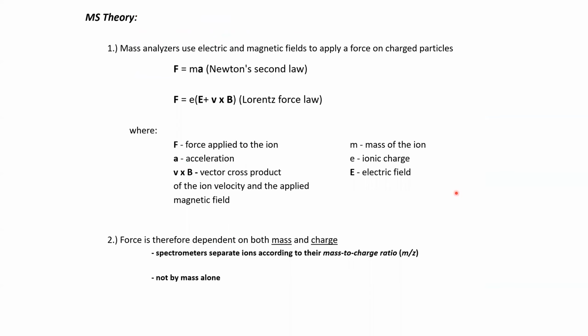So, mass spectroscopy theory. Mass analyzers use electric and magnetic fields to apply a force on the charged particles. This is related to Newton's second law, force is equal to mass times acceleration.